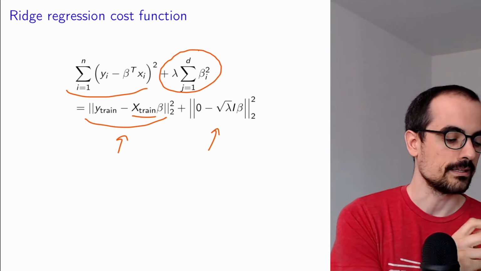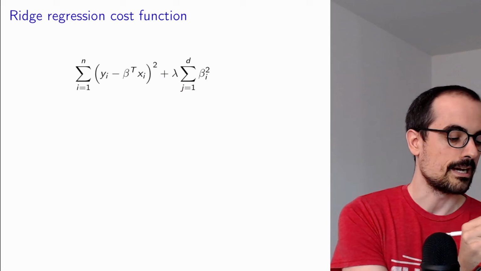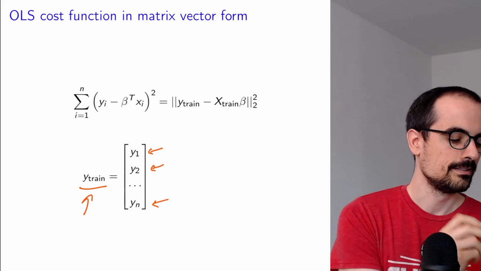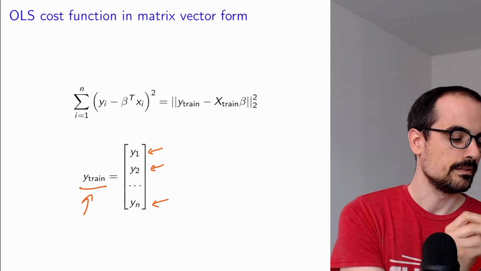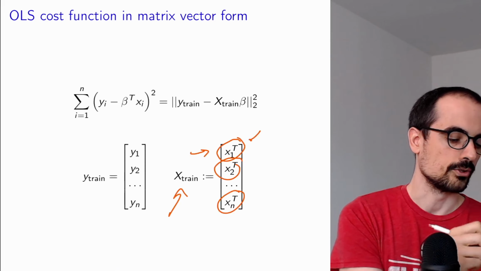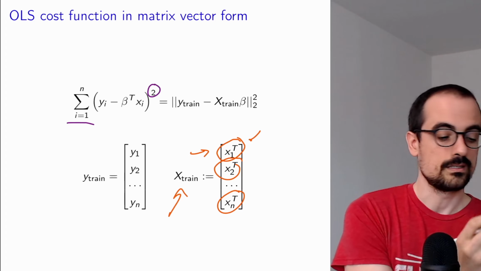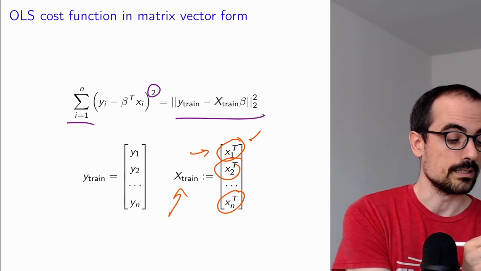Or maybe I should have said here, back here, that this sum of squares is just the definition of the squared L2 norm.